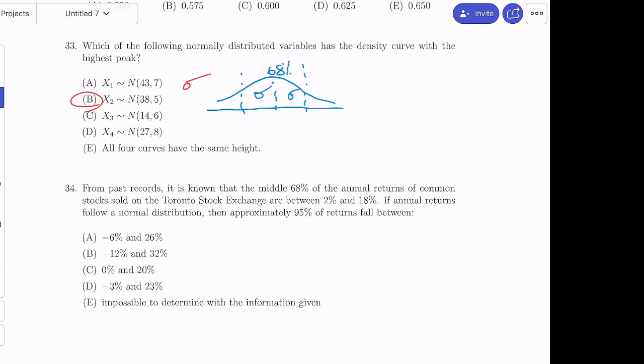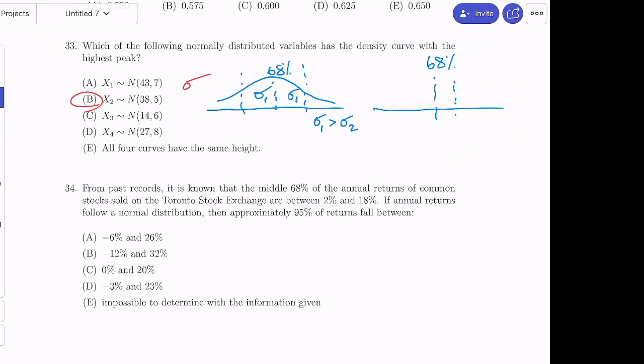So if I make the standard deviation of the first one bigger than the standard deviation of the second one, it forces, because it's still 68%, but let's say this is one standard deviation.